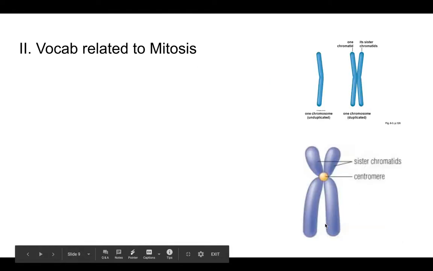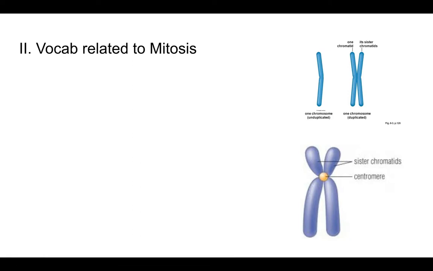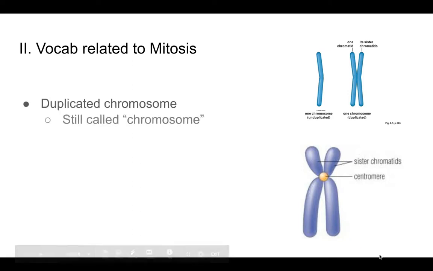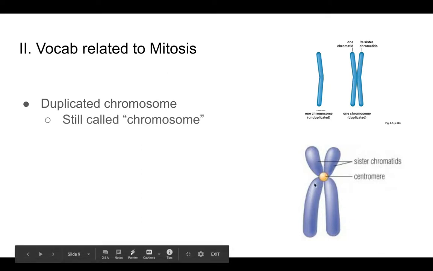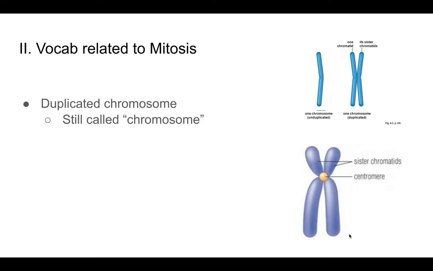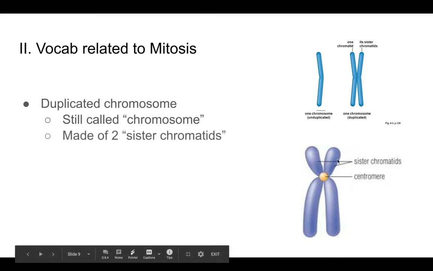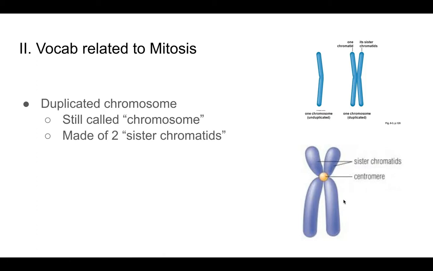And so I want to continue in this section just to give you a last little bit of information. A duplicated chromosome, something that looks like an X that's already been through the S phase of interphase, we still call it a chromosome, but it is now made of two parts. So here's one side and here's the other, and they are referred to as sister chromatids.